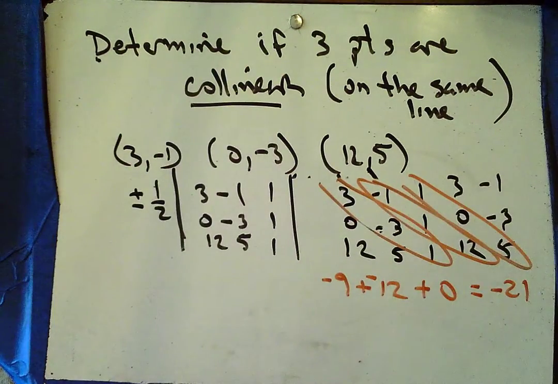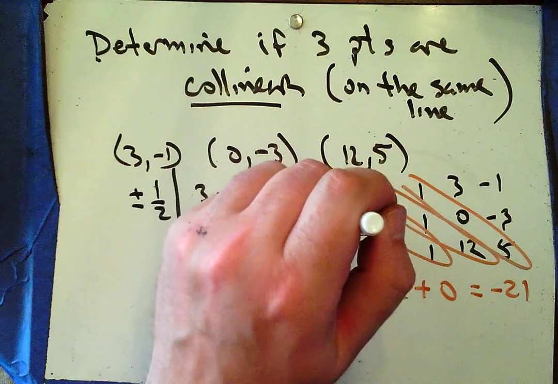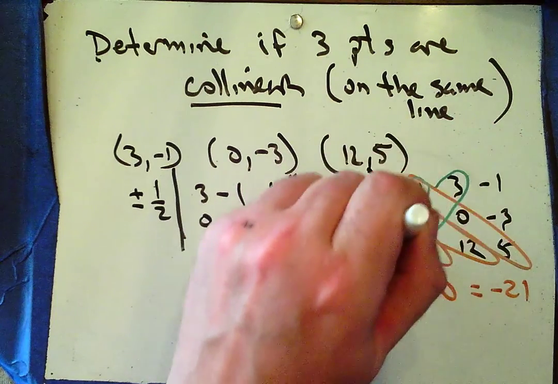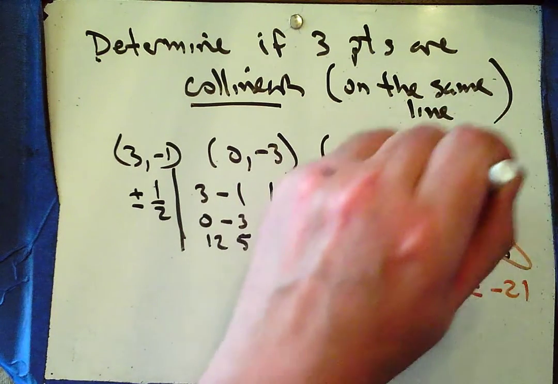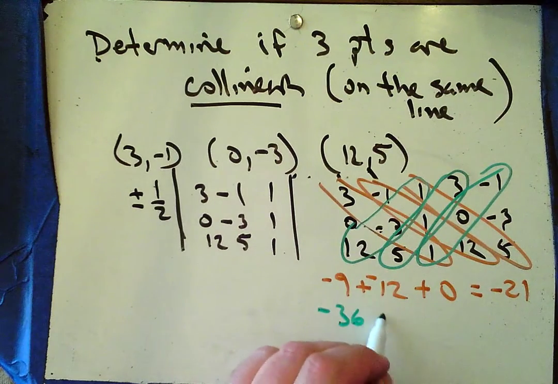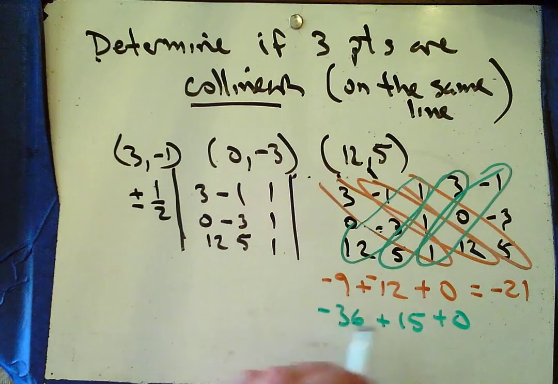And then I want these there, there, and there. So I have -36 plus 15 plus 0. And so that's -21.